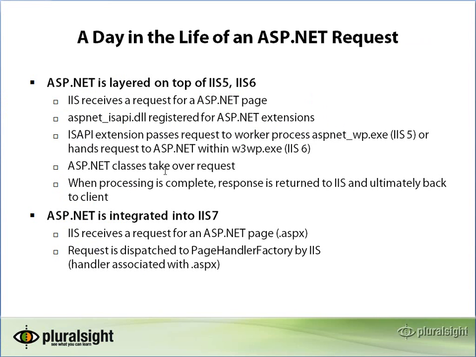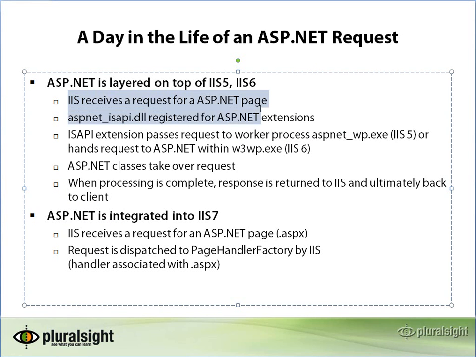So let's start by talking about IIS 5 and 6 first, because those are slightly different. Well, they're all a little bit different, but IIS 7 is notably different. In IIS 5 or 6, IIS is going to receive the initial request for the page. That's the guy that's listening on port 80 and 443, etc. And in IIS 5 and 6, the way the request is identified as an ASP.NET request and dispatched onto ASP.NET is the ASP.NET ISAPI DLL.